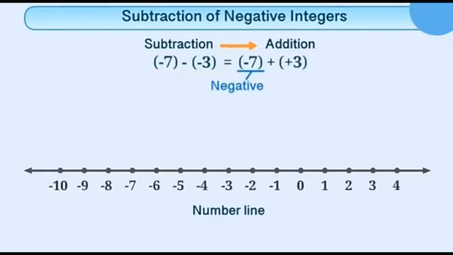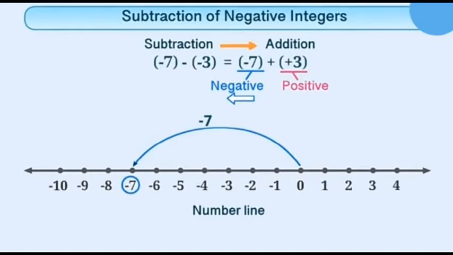Since this is a negative integer, we will move 7 steps to the left side of 0. By doing so, we will reach minus 7. The other number is plus 3. Since this is a positive integer, we will move 3 steps towards the right of minus 7. Thus we reach minus 4, which is the result of the subtraction of minus 7 and minus 3.